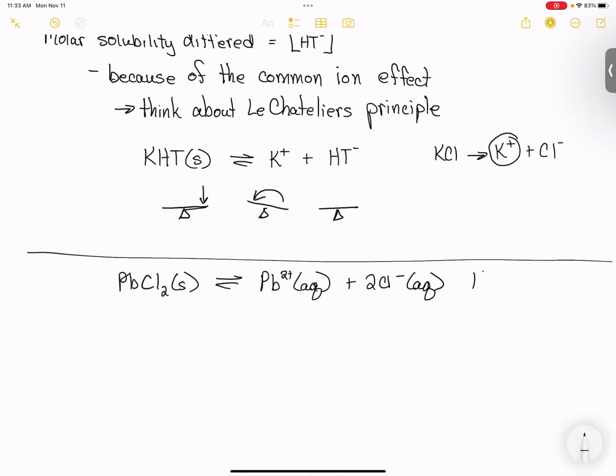The KSP for lead chloride is 1.17 times 10 to the minus 5.